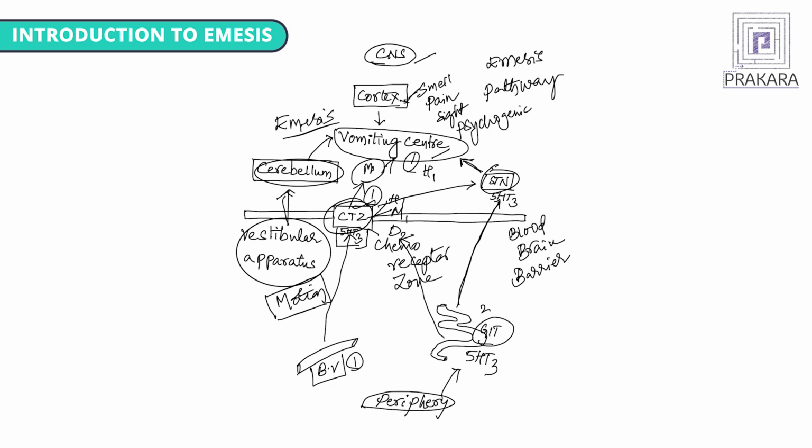This is the second pathway, where GIT related 5-HT3 is activated, which will further activate the STN, and the STN will further activate the vomiting center, again resulting in emesis. Ultimately, this emesis pathway could be triggered by either way.